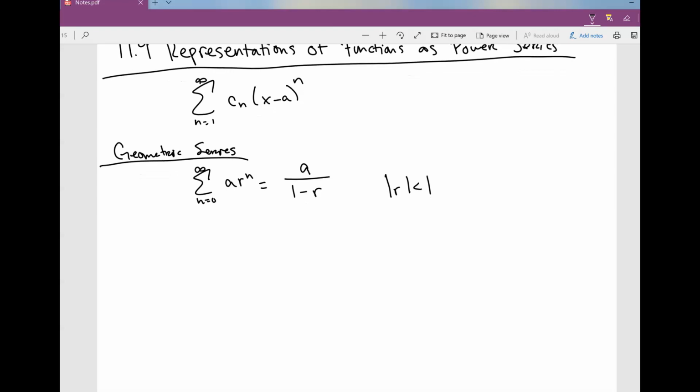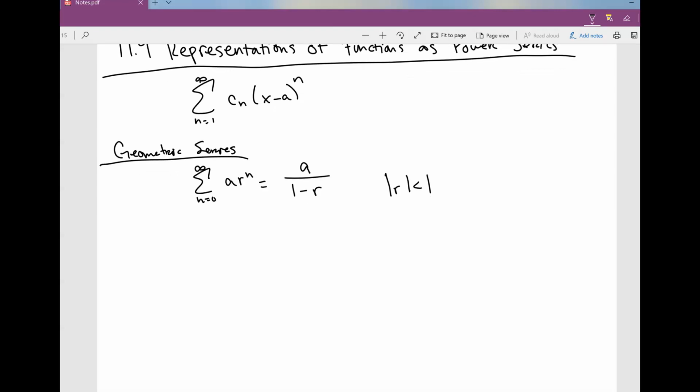Now what we're going to do is extend this to power series. Let's say we had a power series, the sum from n goes from 0 to infinity, and we say a is equal to 1 and r is equal to x. So I'm just plugging in 1 for a and x for r.